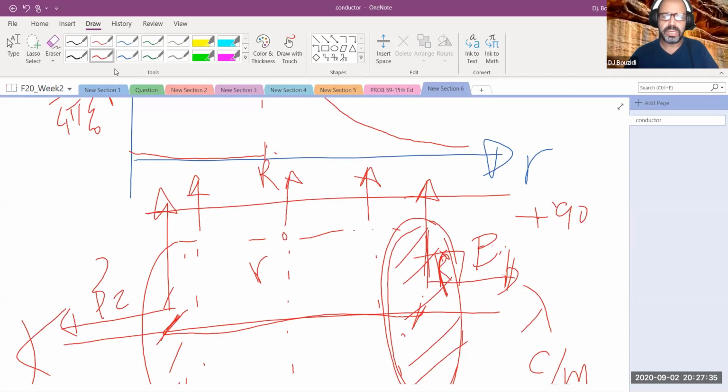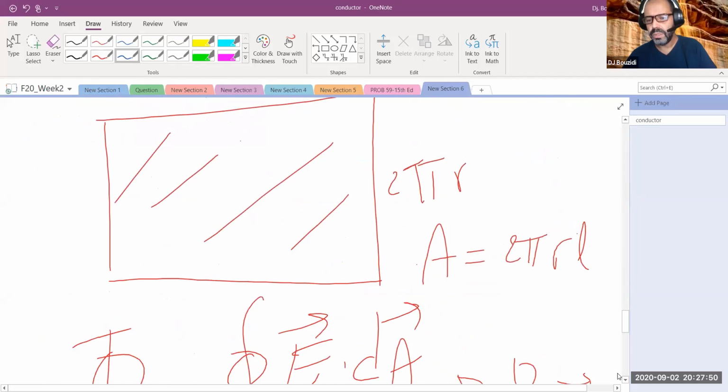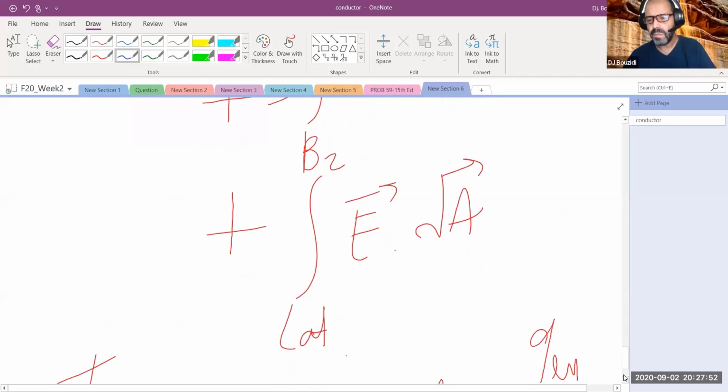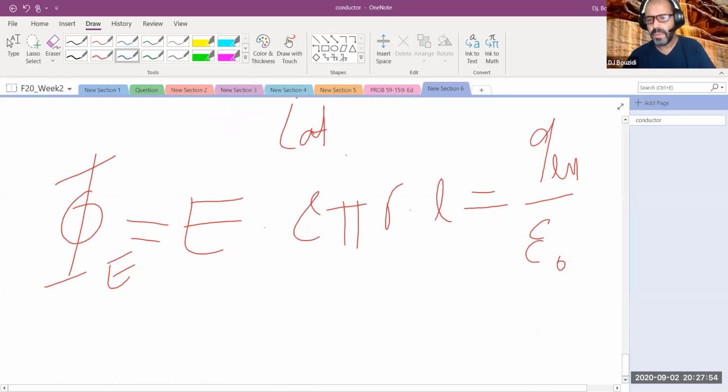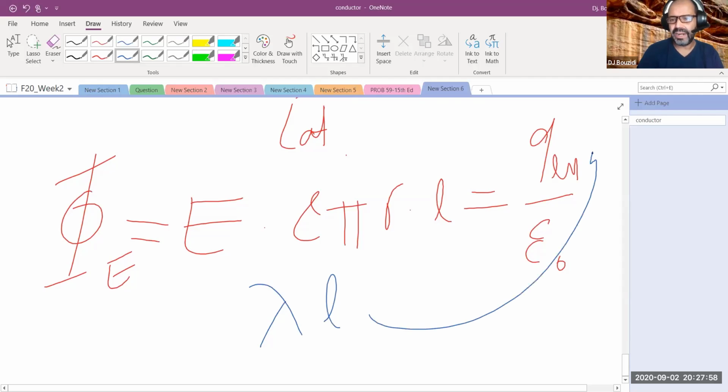Don't tell me, how about this outside of the cylinder? That is not enclosed. What matters here is what is enclosed by this Gaussian surface, and what is enclosed is only the L part of the wire. So the charge enclosed should be lambda times L. Plug that in, and we will have the value for the electric field.